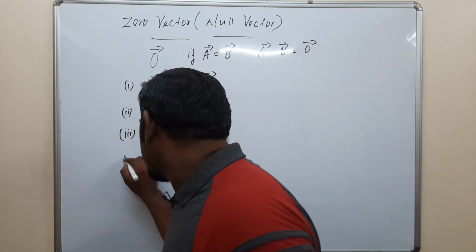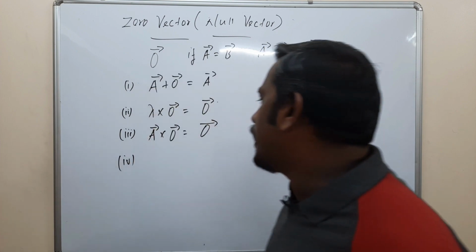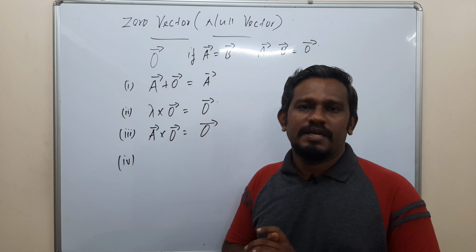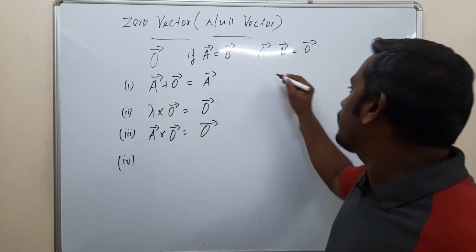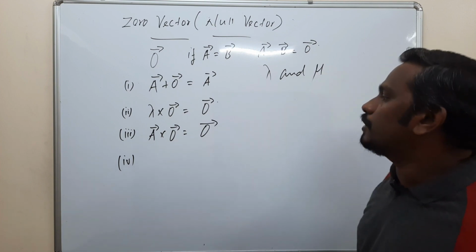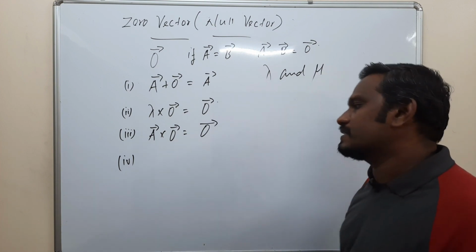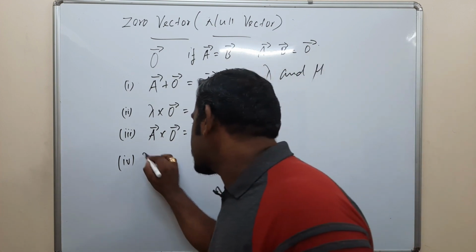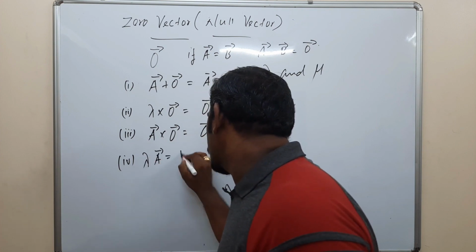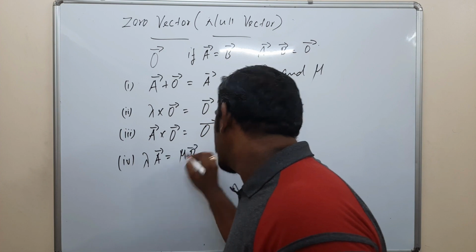Then fourth property: if lambda and mu are two non-zero real numbers, then we have the relation lambda a vector is equal to mu b vector.